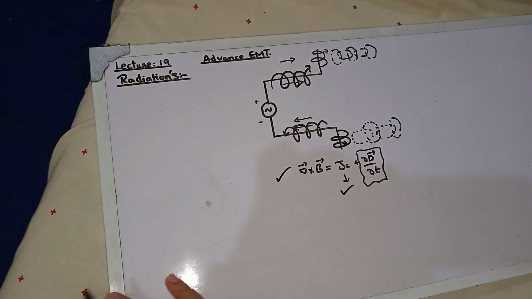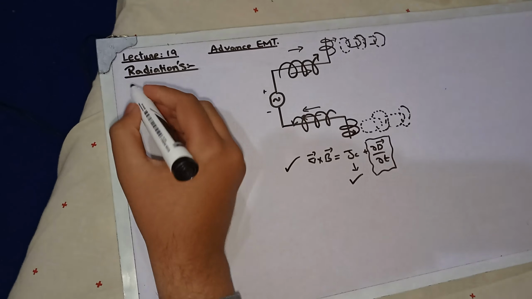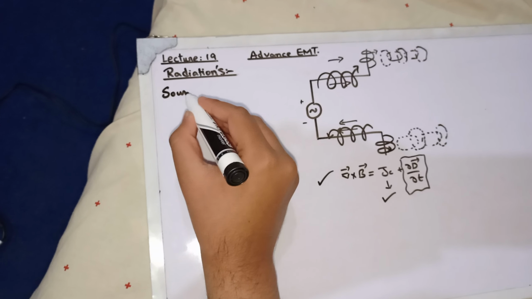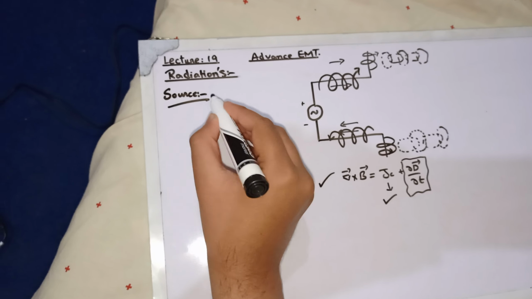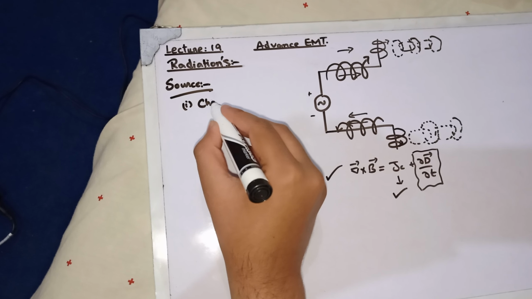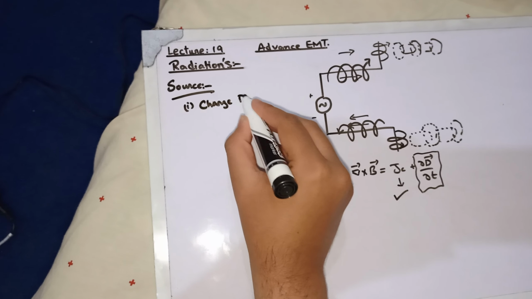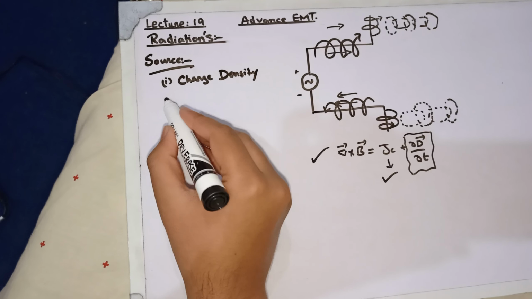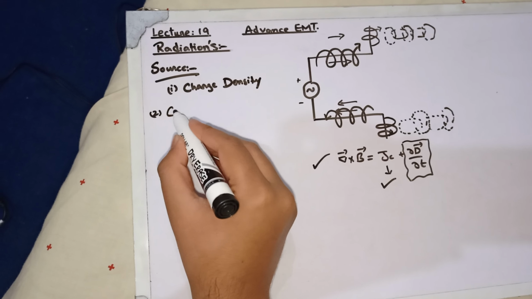So let's start. In this chapter our sources are two. First is charge density, and our second source is current density.